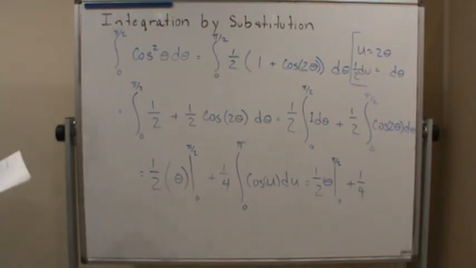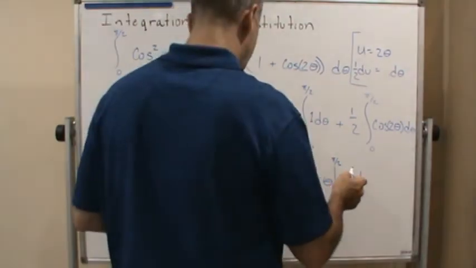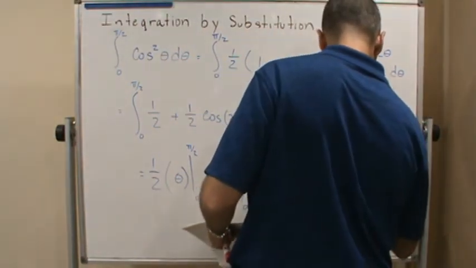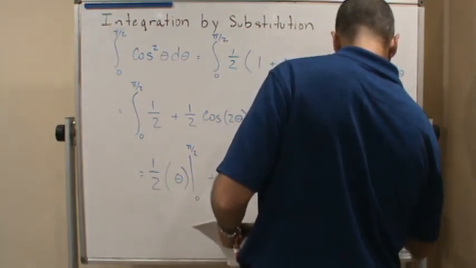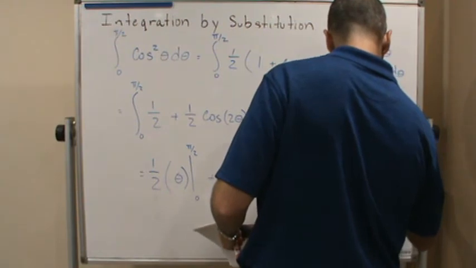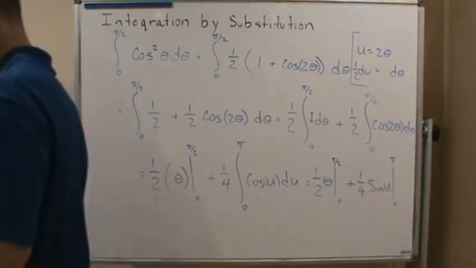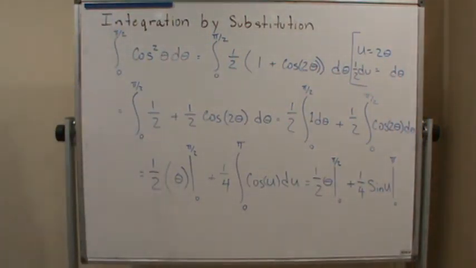Sine, right? So this is going to be sine u evaluated from 0 to pi. Okay. So far so good, right? And now all we're going to do is evaluate this.